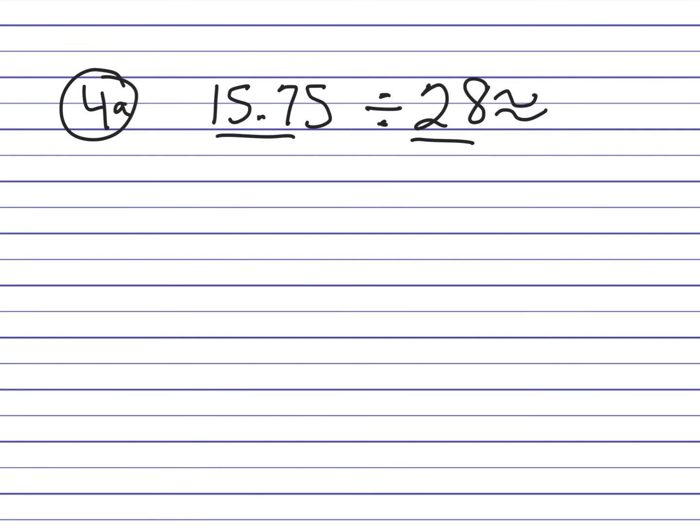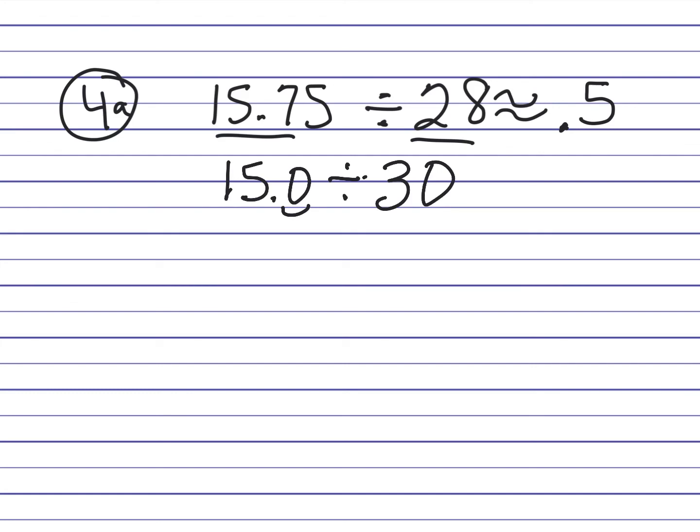So I kind of rounded this to 15 divided by 30. But then I realized, 15 is going to be less than 1. So I'm just going to put a 0.0. And I'm thinking, 150 divided by 30 is equal to 5. But then I have to do my decimal point. So 0.5.